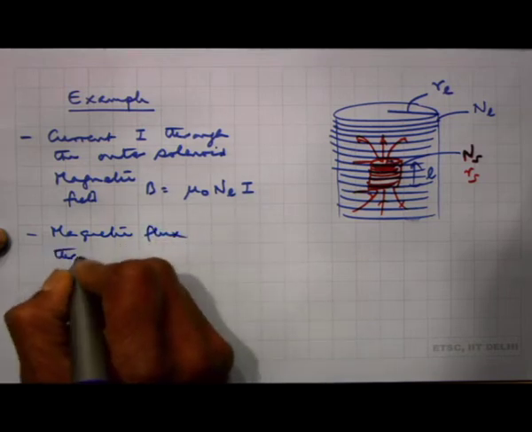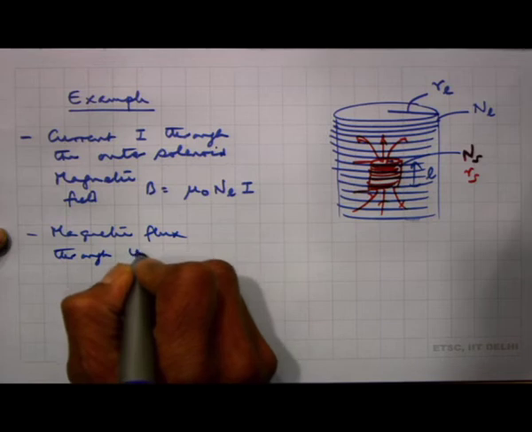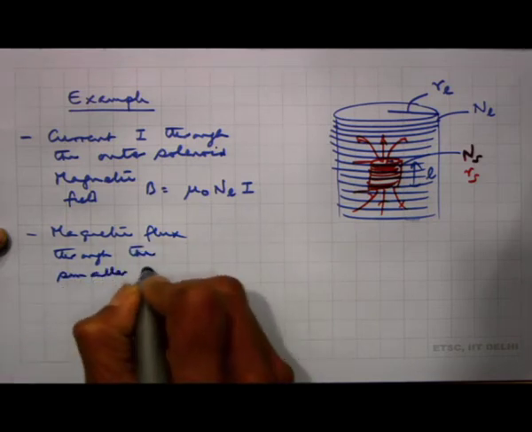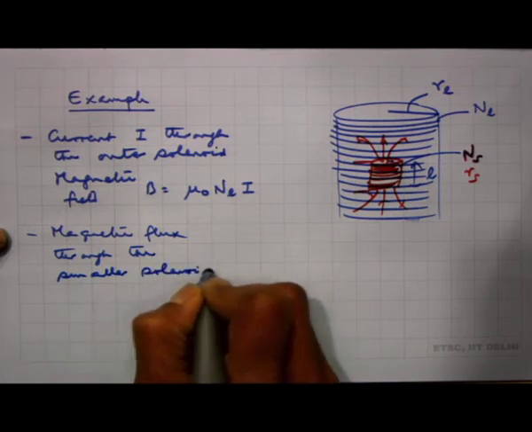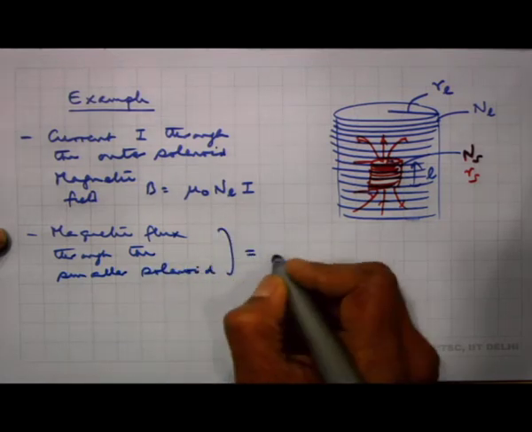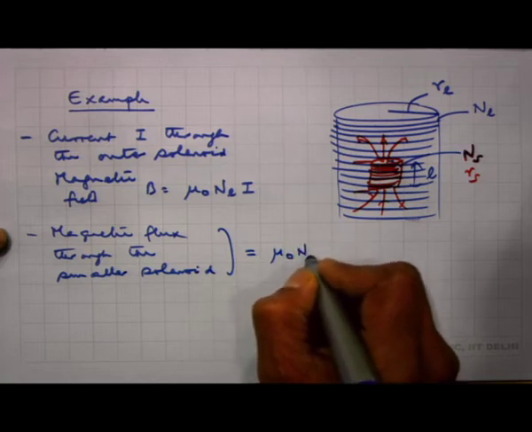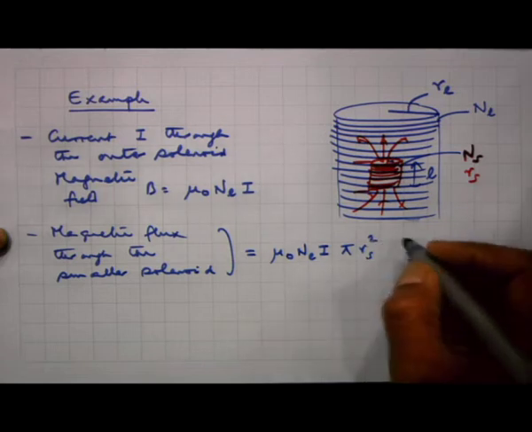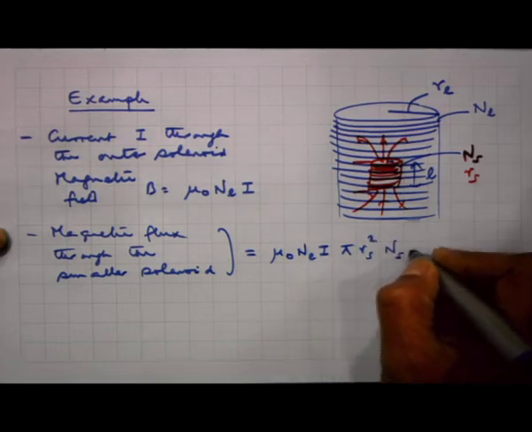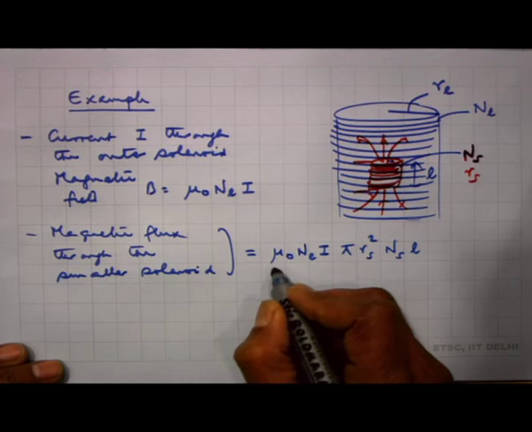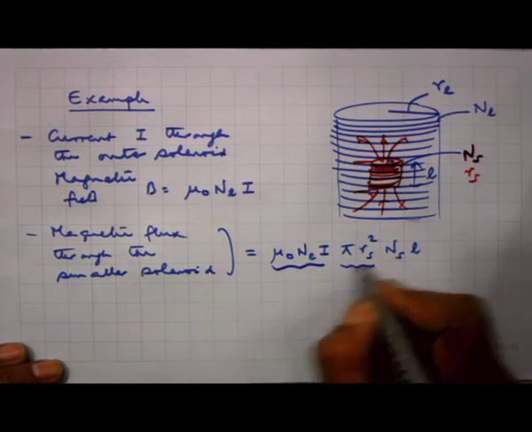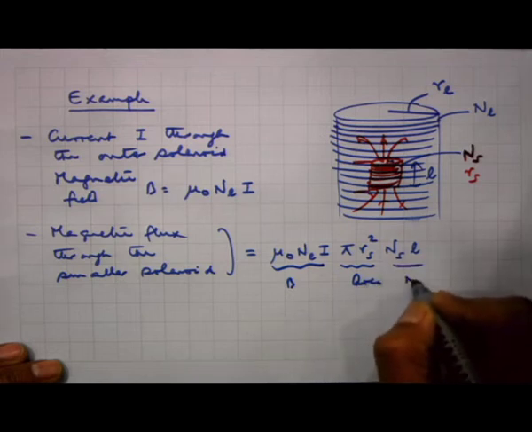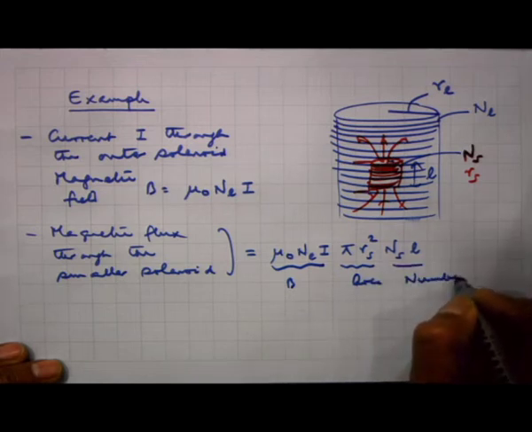So, the flux through the shorter solenoid, the smaller solenoid, is equal to the magnetic field into the area into the number of turns, which is NS into L. So, this is the magnetic field, that is the area, and the total number of turns.